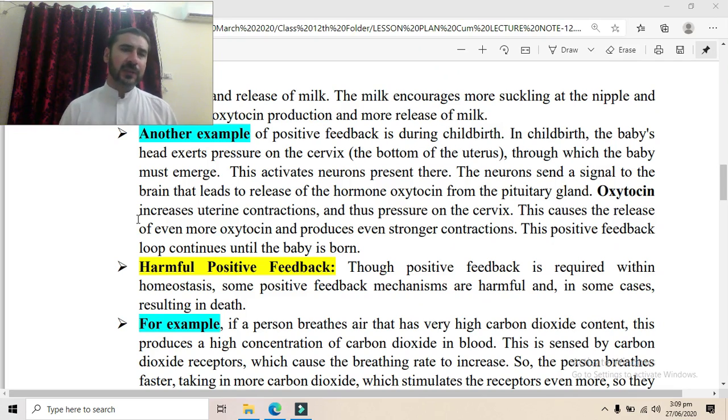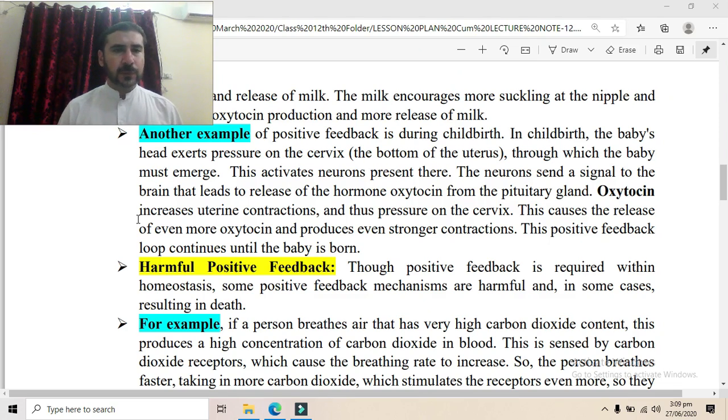The hypothalamus will send a message to the pituitary gland, the posterior lobe. The posterior lobe will release the oxytocin hormone. This oxytocin hormone will circulate through the blood and reach the uterus. When it reaches the uterus, it increases the contractions of the uterus. As a result, the baby is slowly and gradually pushed through the opening of the uterus in the cervix area.